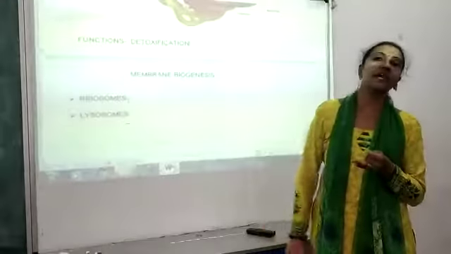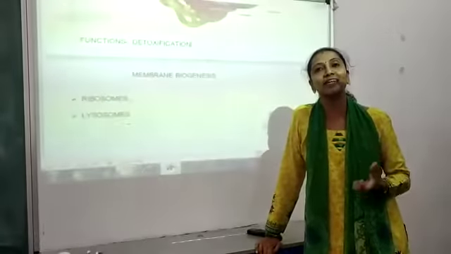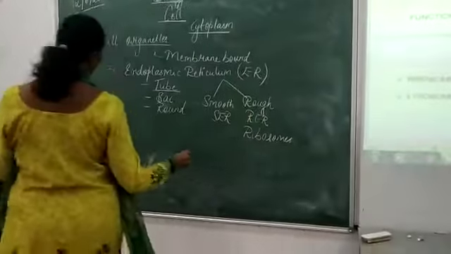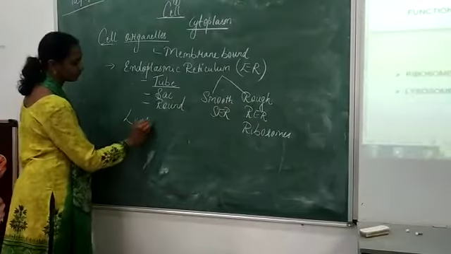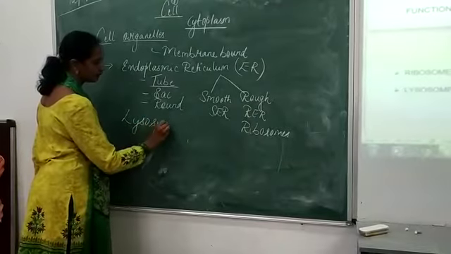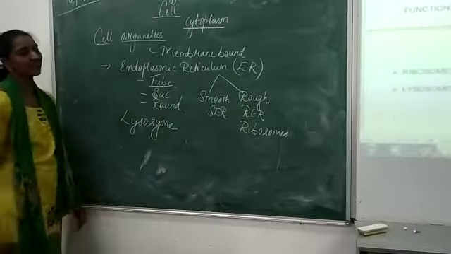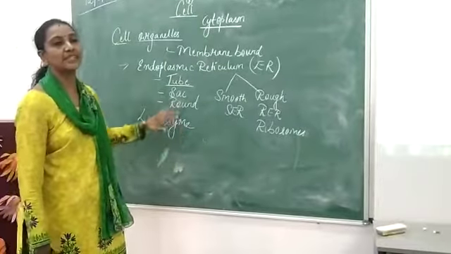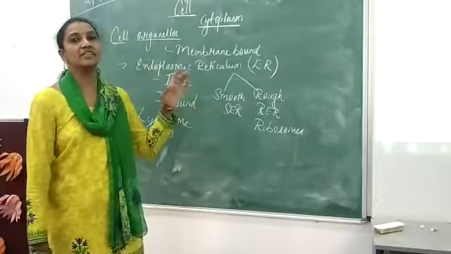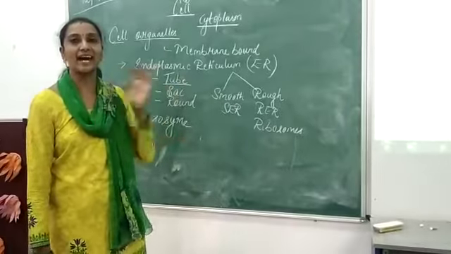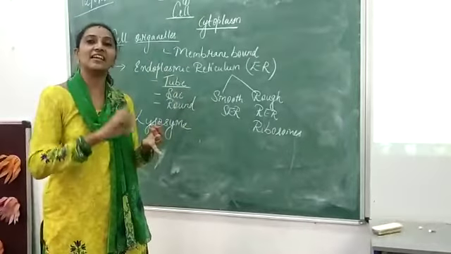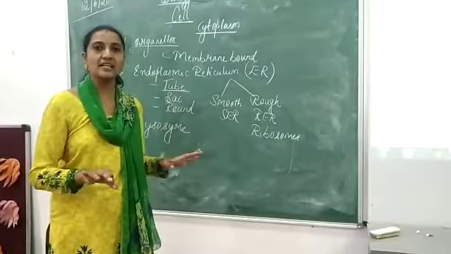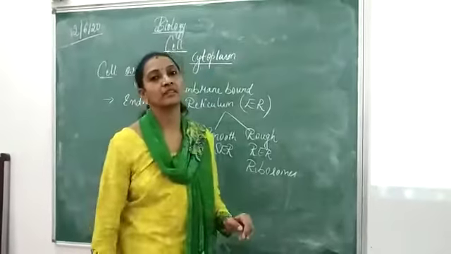These lysosomes secrete a certain enzyme, also known as lysozyme. It is the enzyme secreted by the lysosome, which is responsible for digesting unwanted substances as well as the self-destruction of the cell. So this is about the lysosomes.